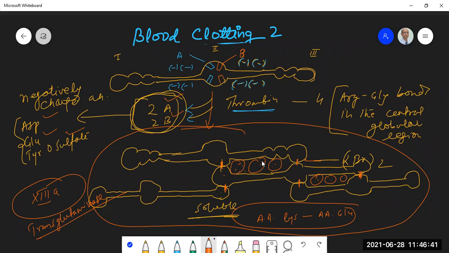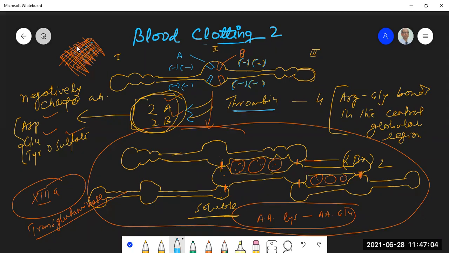structure. Mesh-like, like the tea strainer that we have, and in between them, whatever space is there, it will be occupied by these cells and cell debris.